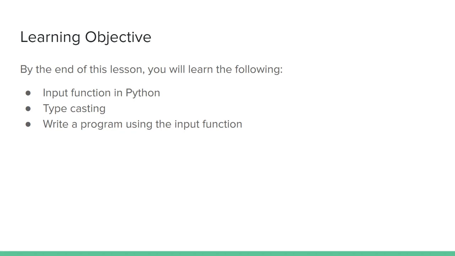In this video, I'll show you how you can convert from strings to various numeric data types, and to convert between the different numeric data types, right? And then we'll write a program using the input function. All right, so let's end this presentation and get back to the coding.